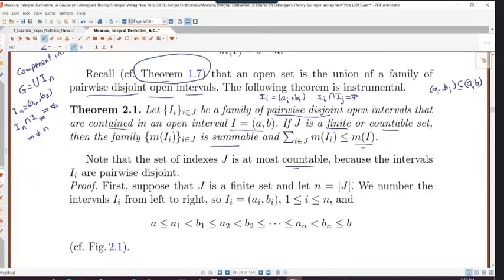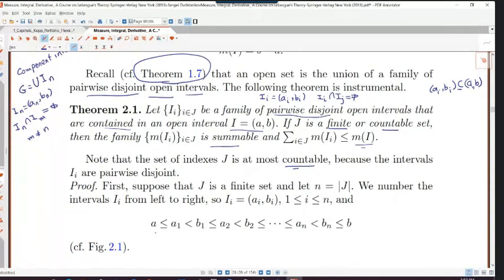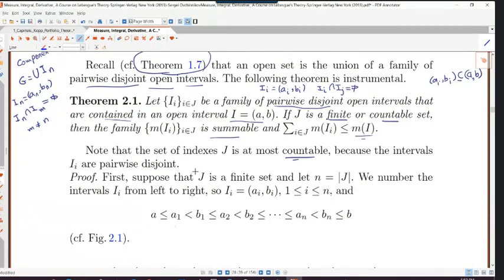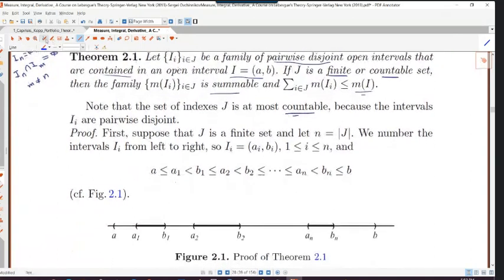cardinality of J. Okay. We number the intervals I from left to right, so I equals (A_I, B_I), where I is between 1 and N, and A1 is less than or equal to A2, less than B2. For example, we have a figure here.